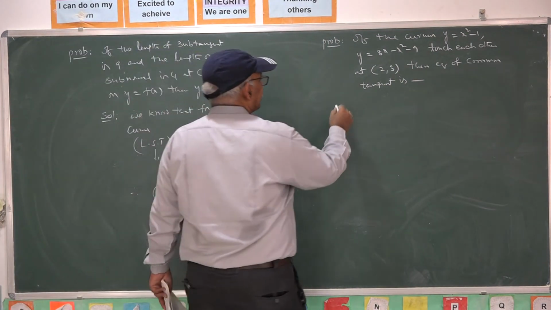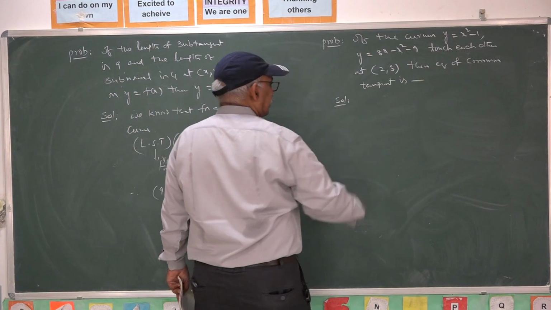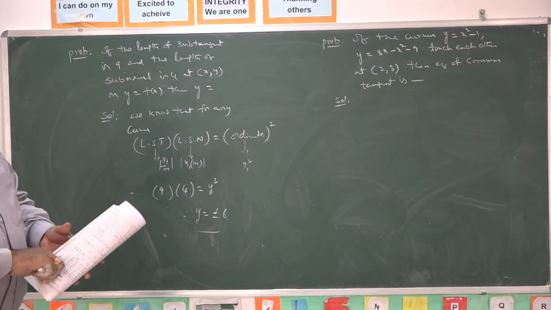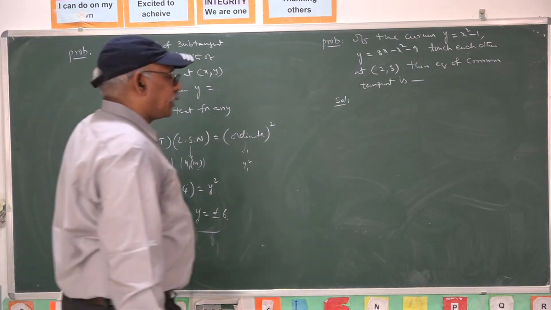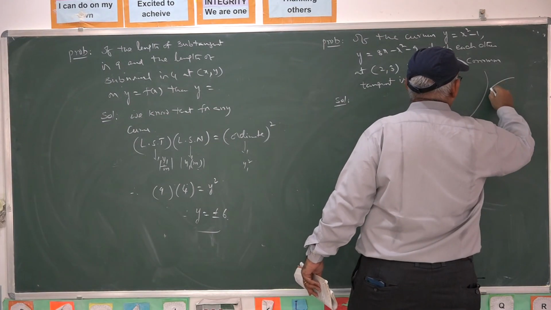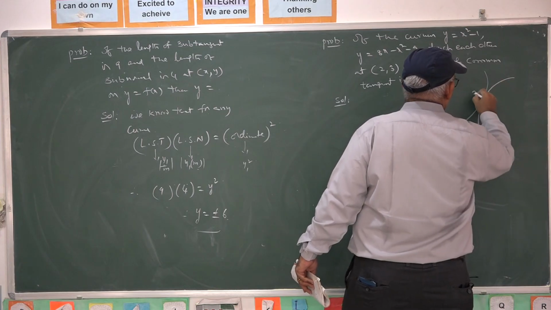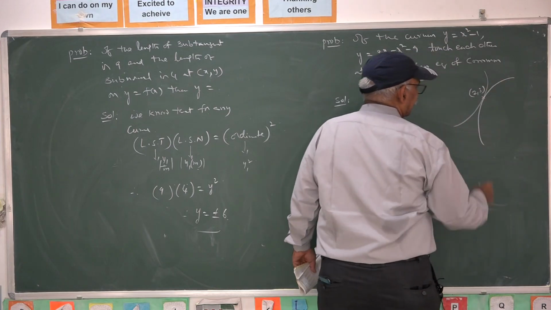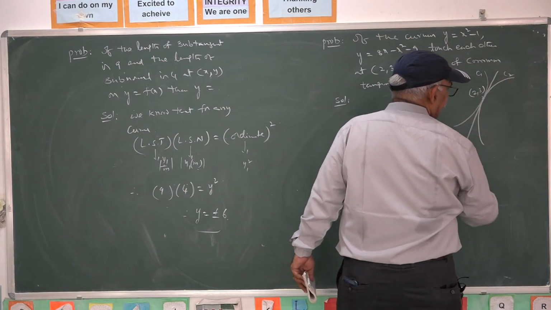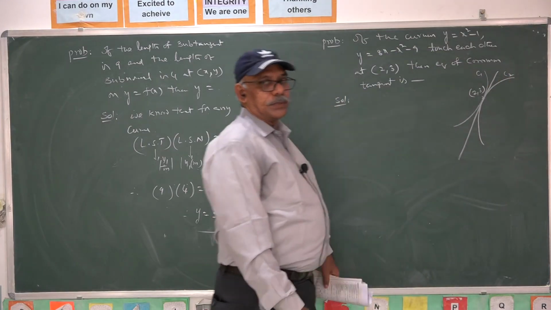So, in this case, the touching point, the contact point of the curves is given itself. You need not find that contact point. Let this be C1, this is C2. So, you are in need of the common tangent.